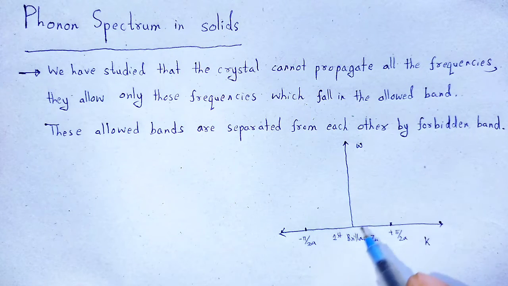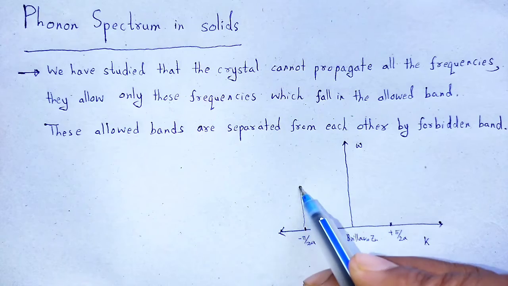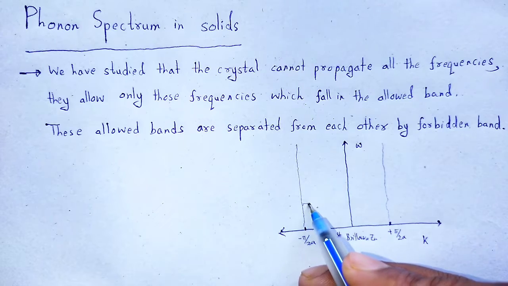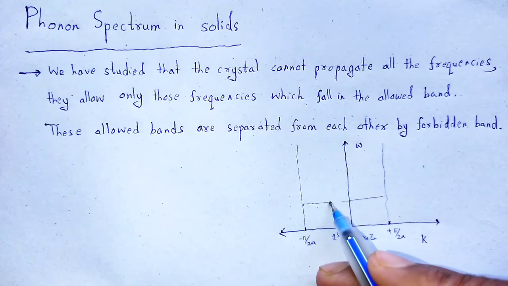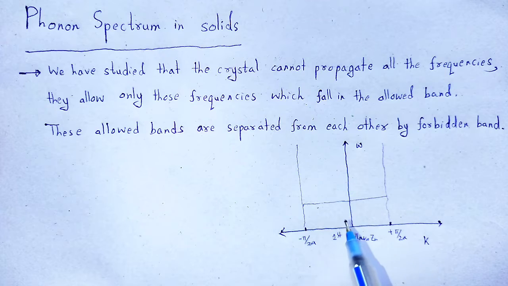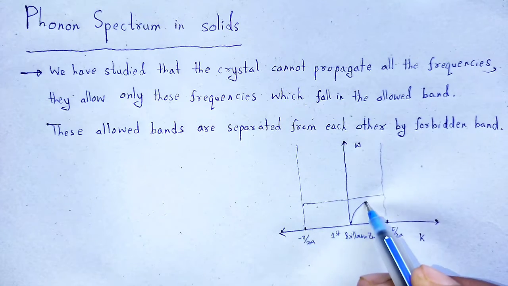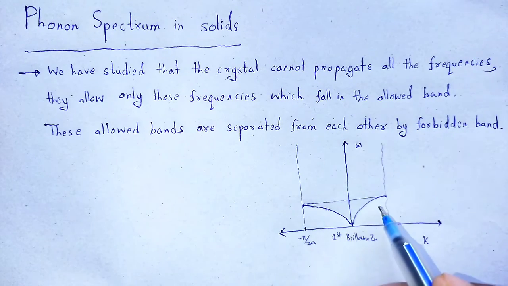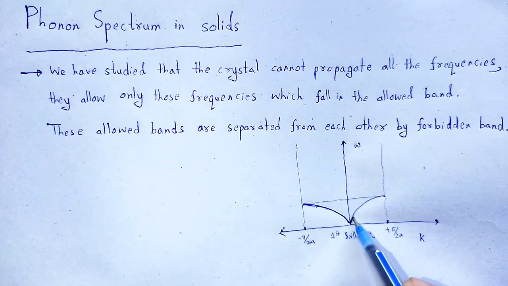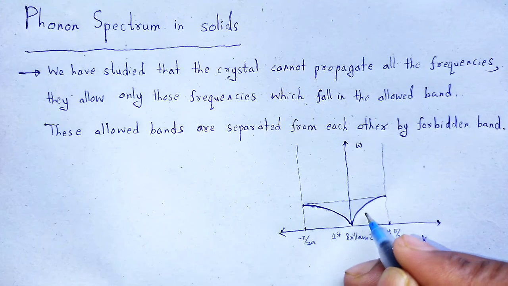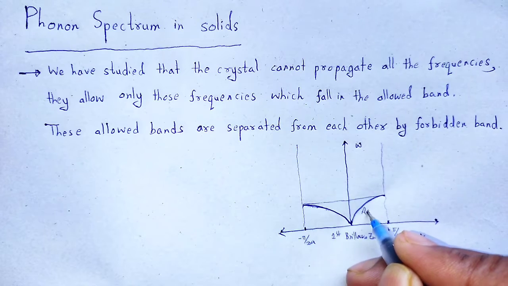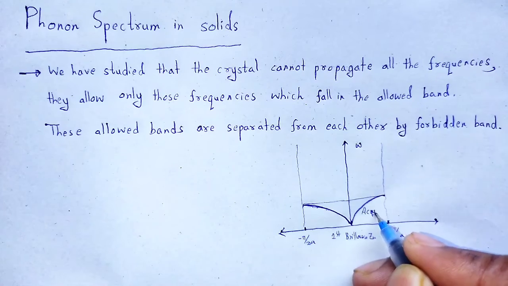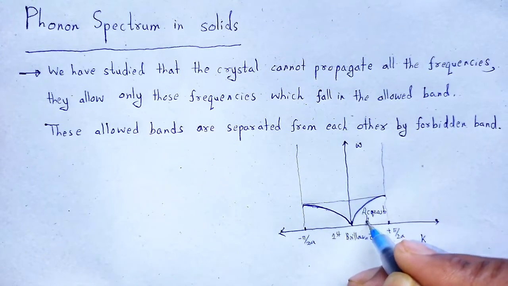In the first Brillouin zone, we see two branches, one is the acoustic branch, another one is the optical branch. That line is the acoustic branch.